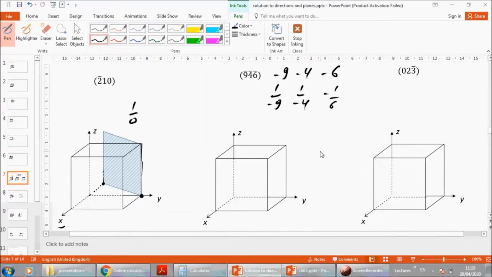Now all are negative, so this plane should intersect the x-axis at negative 1 over 9, somewhere here. I am taking approximate lengths. The plane intersects the y-axis at negative 1 over 4, somewhere here, and the z-axis at negative 1 over 6. Here. I will connect the points.